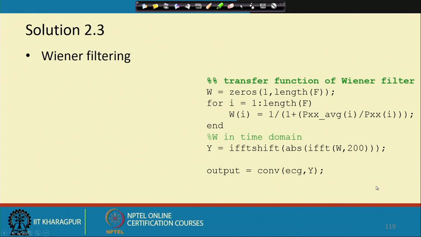Now, we have to design the Wiener filter. For that, first we create W, the Wiener filter in the frequency domain. We take that many samples of zeros first, and then we populate using the equation given there. But at the end we do not take the full length, because we know that beyond a certain point the signal is 0.